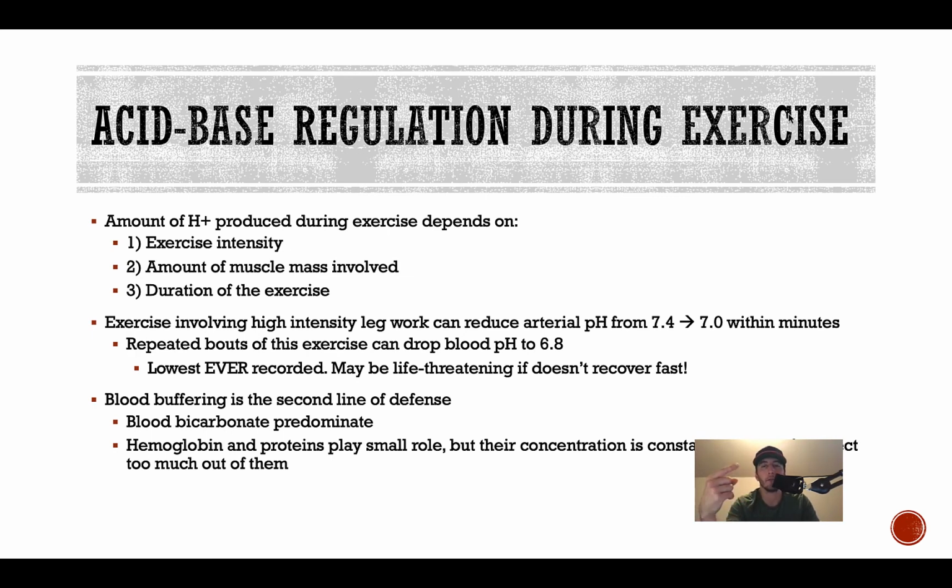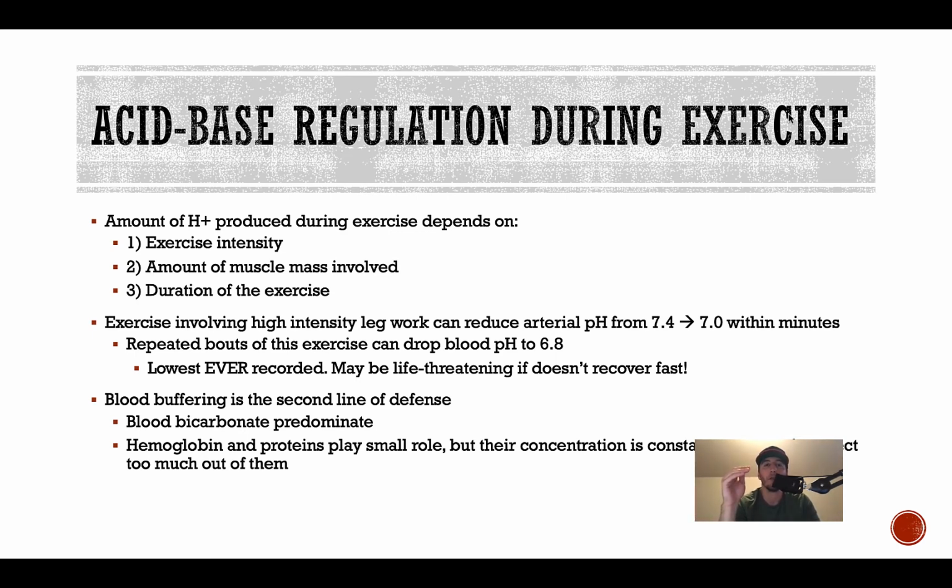Exercise intensity: as we become more intense with our exercise, we're going to become more glycolytic. If we're more glycolytic, we're going to be producing more lactate. If we're going through more muscular contractions, that could be exercise intensity or amount of muscle mass involved or duration of the exercise, we're going to be breaking down ATP at high levels. So we're going to be producing hydrogen ions, right? The other one, duration of exercise.